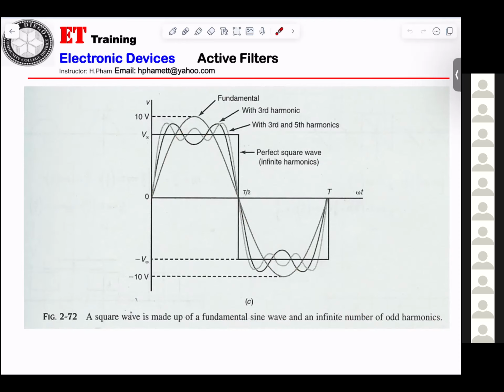That's what they're talking about, harmonics. This is the fundamental here. They're talking about harmonics, but odd harmonics. Third harmonic, this one. And the fifth harmonic, and so on. More harmonics make up the square wave.